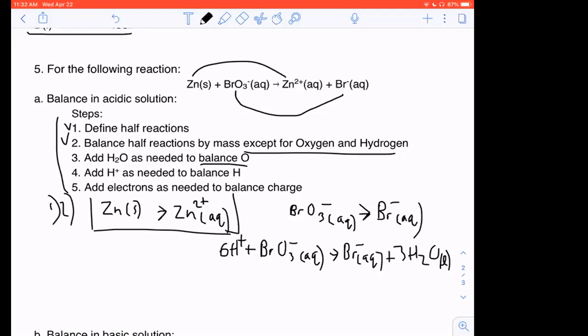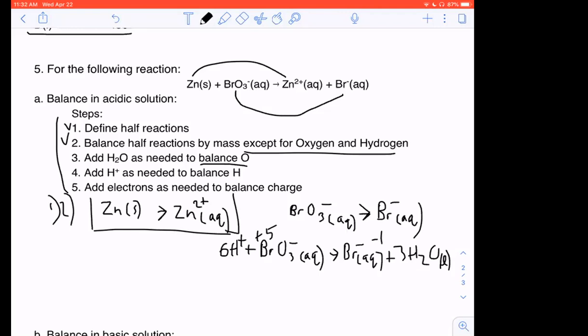So for this one, on the reactant side, we have +6 for the hydrogens, -1 for the bromate. So the overall charge of this side is going to be +5. The products then, H2O has no charge. We have 1 Br minus with a -1 charge. The overall charge over here is going to be -1.